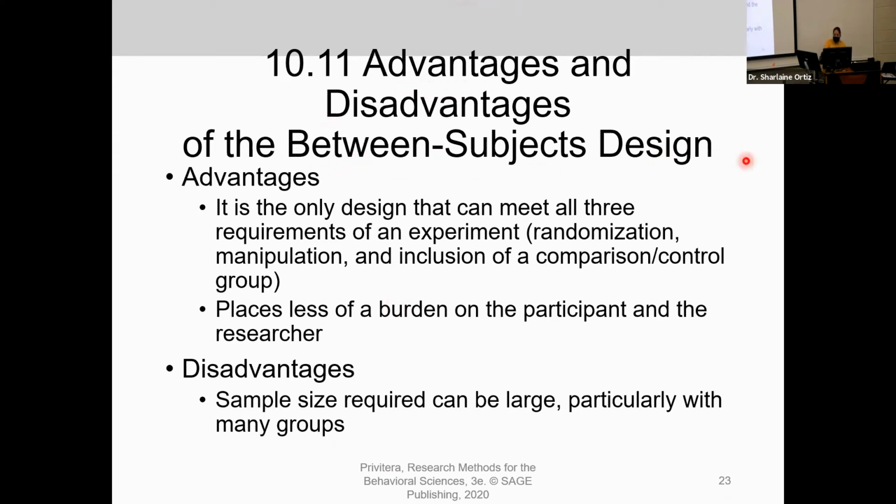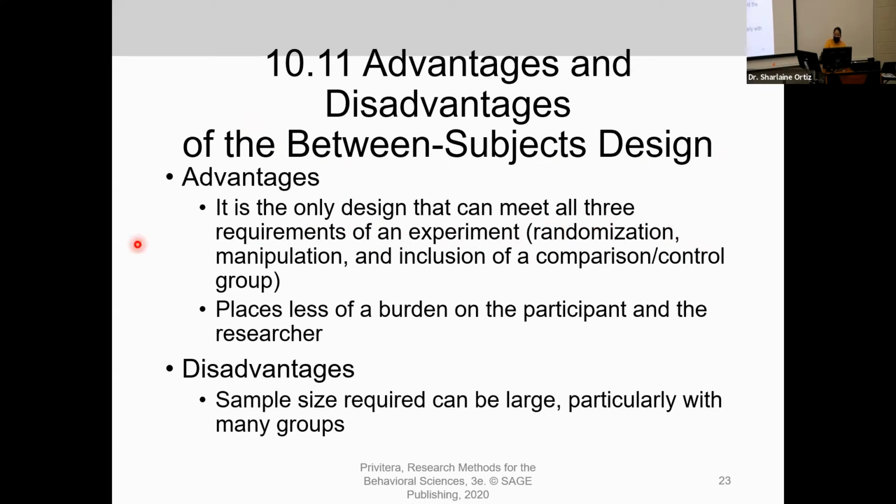So as a summary of the information that we provided regarding our between subjects design, notice that there are advantages for this type of study. Notice that a between subjects design is the only design that meets all of the requirements of an experiment. Notice that this design does account for the requirement of randomization.